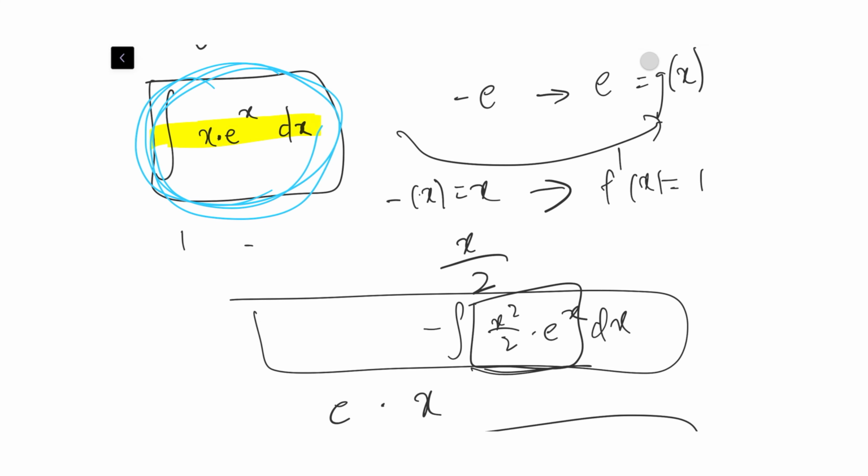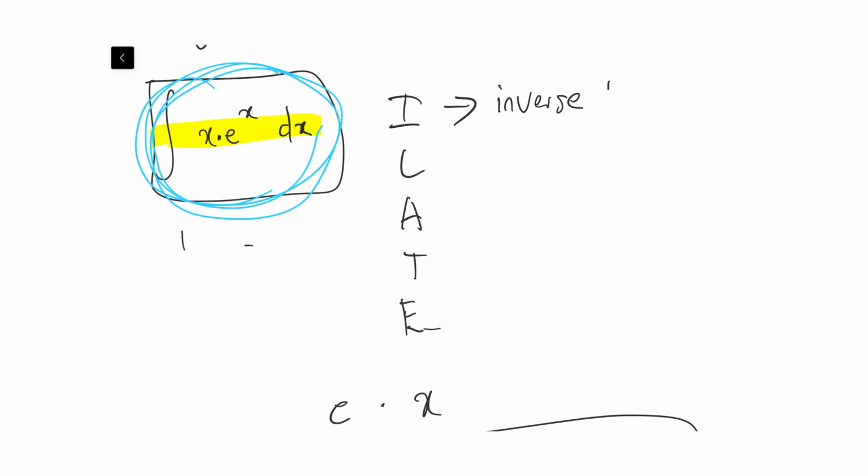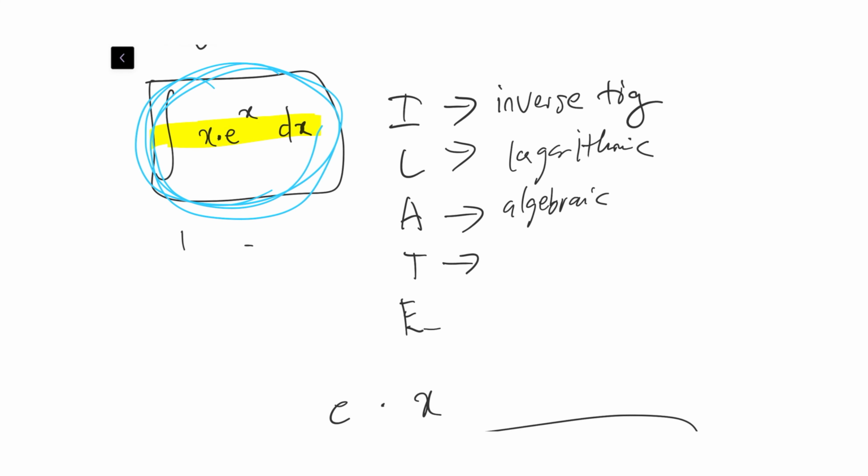A general rule is written like this: I late, which means we start with inverse trig functions, and then we go for logarithmic expressions, and then algebraic expressions like x squared, and then trig functions, trig in general, and then you go for exponential functions like e to the x.